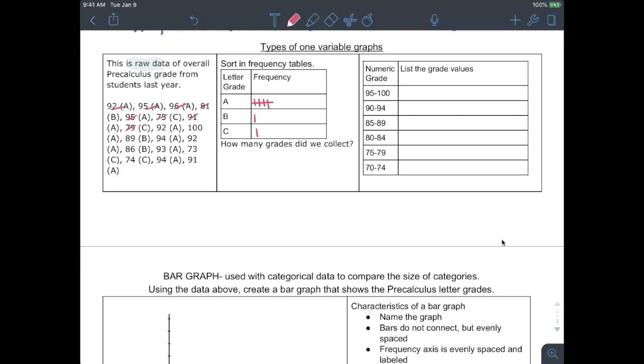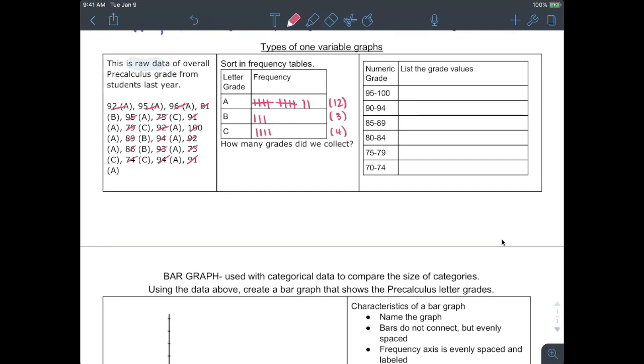Oops, that one is a C. 92 is an A, 100 is an A, 89 B, 94 A, 92 is an A, 86 is a B, 93 is an A, 73 C, 74 C, 94 A, 91 A. And I have a total of 12 A's, 3 B's, and 4 C's.